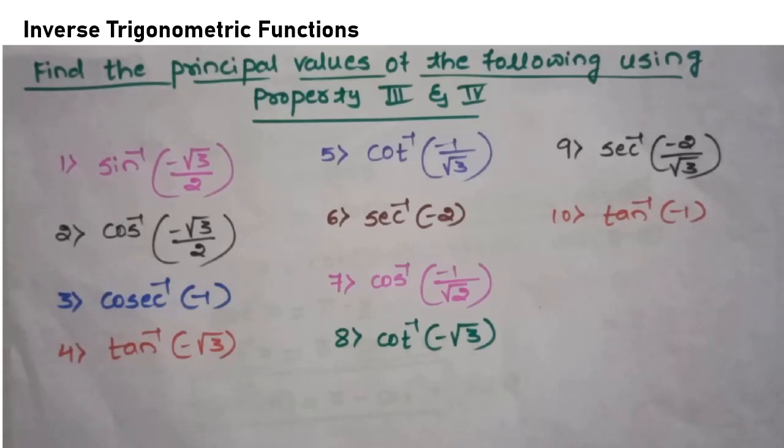And property number 4 as: cos inverse of minus x is pi minus cos inverse x, secant inverse of minus x is pi minus secant inverse x, and cot inverse of minus x is pi minus cot inverse x. Using property number 3 and 4, try to do these examples yourself.